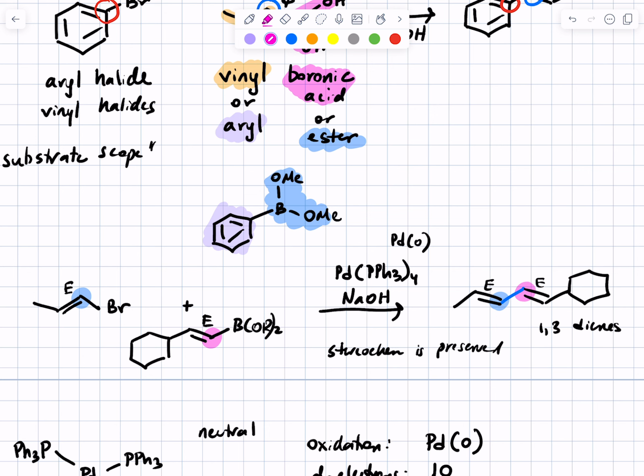Okay? I don't think you're going to face this on the final, but there are tons of things that you can do with dienes, like Diels-Alder reactions, and so you can see how the Suzuki reaction can be quite useful. Okay, we're going to do some more practice examples, but before that, I want to finish covering the Heck reaction and some of the others.